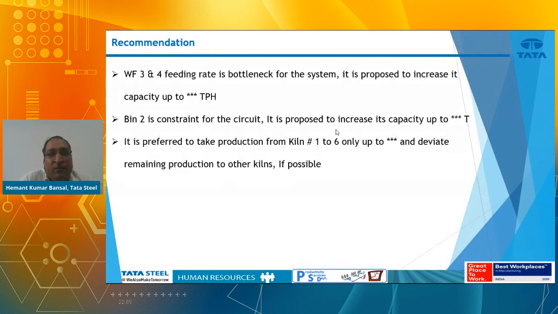We have also recommended to increase the bay feeder 3 and 4 feeding rate to some amount so that the circuit can be easy. And we also recommended to increase the bin 2 capacity in the circuit. And it is preferred to take production from kiln 1 to 6 up to that level and deviate the remaining production to other kilns like 7, 8, and 9 if possible.